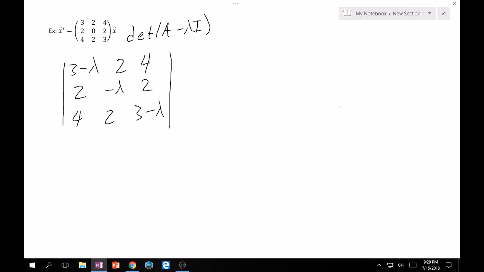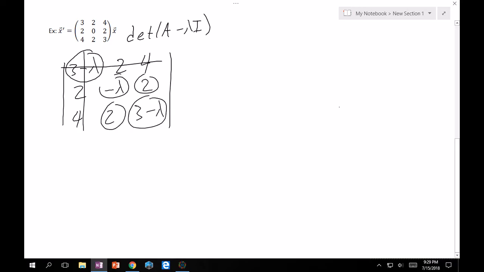What this means is I take this term and then I cross these two terms out, and so these 4 terms are what's really going to be my determinant. So I'll write this out for you. Based on the recursive definition, it's 3 minus lambda times the determinant now of minus lambda, 2, 2, 3 minus lambda. And then you keep going.